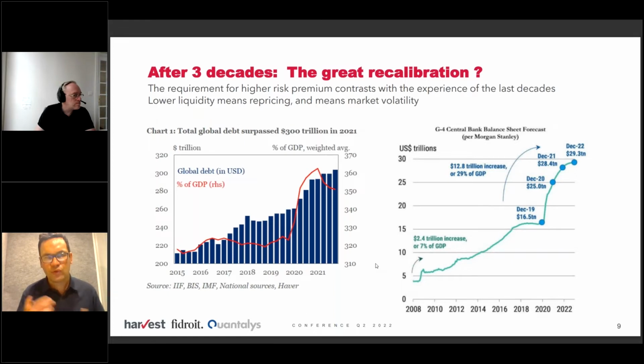So after three decades of injection of liquidity, the market is considering this new calibration of these main actors, governments and central banks. Next slide.